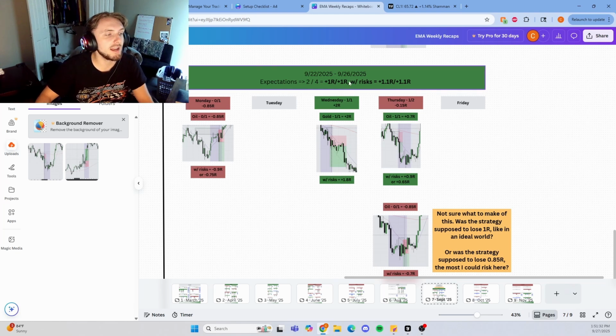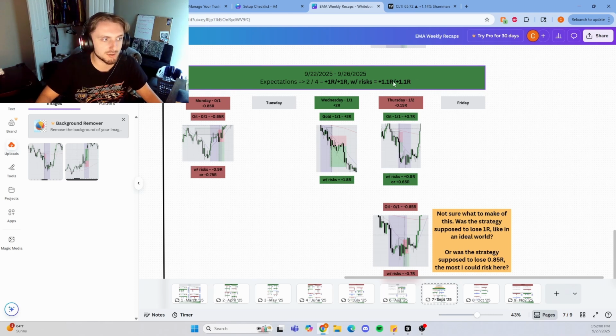I also had a dynamic risk situation in past months. You can see with risk here, that's going to refer to if there's characteristics about the trade that I do not like and cause me to risk less, then those would be the profits made if I was using that dynamic risk system. On the left would be in an ideal world without contract limitations, and on the right with contract limitations.